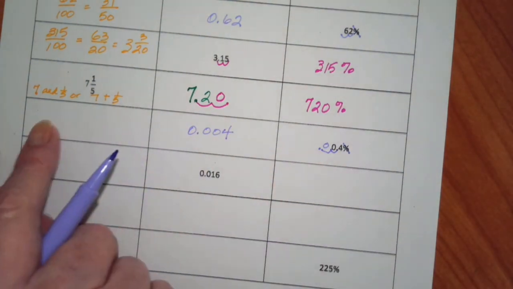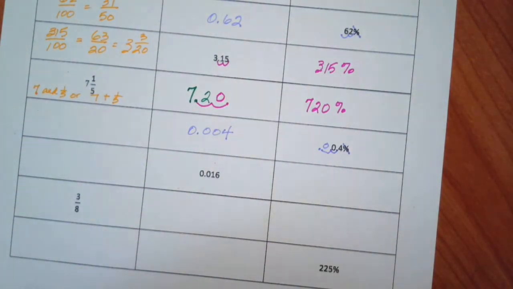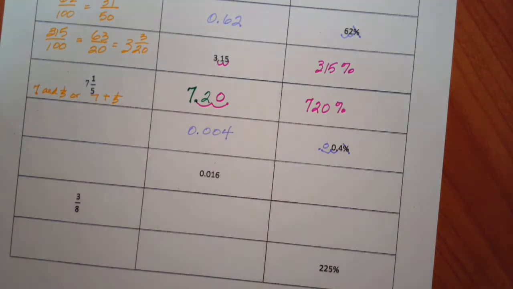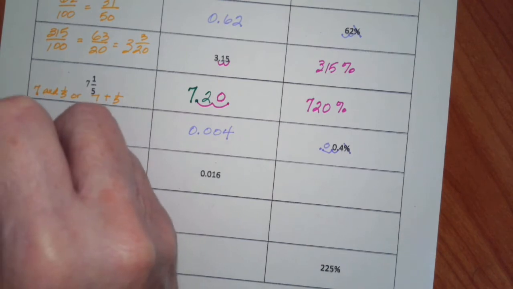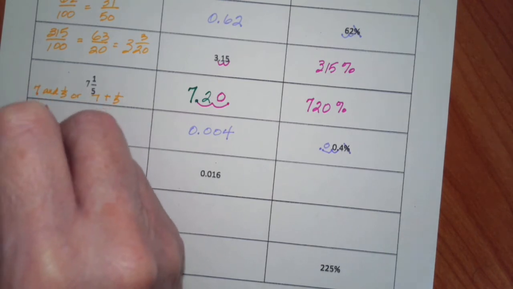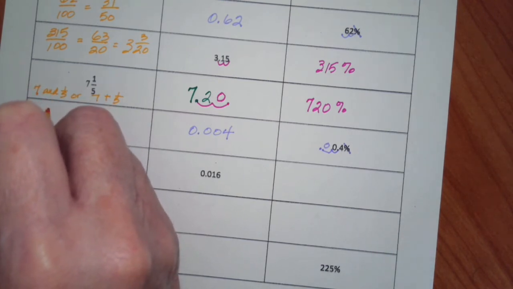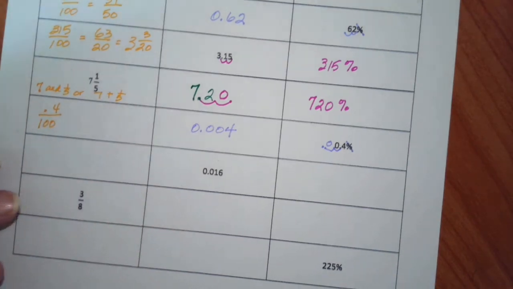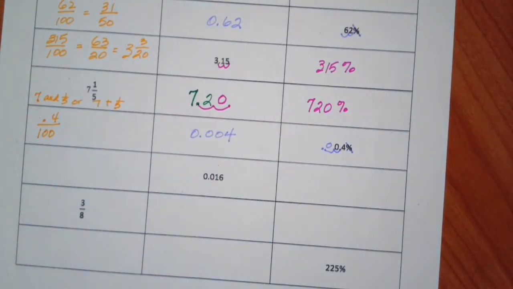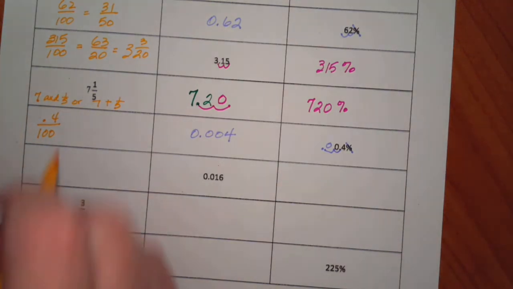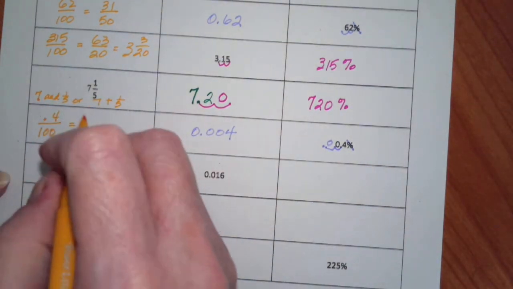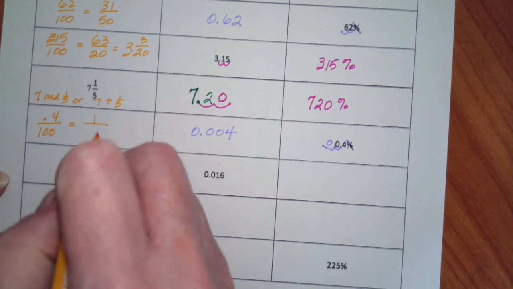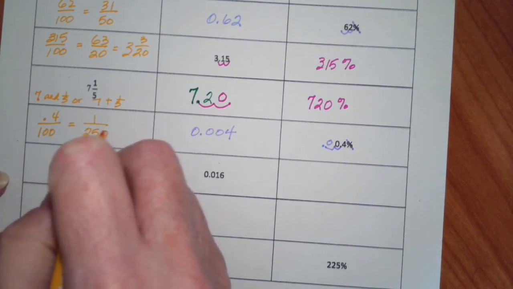Okay, if I want to turn it into a fraction, then I can write this as 0.4 divided by 100. And again, if I want to reduce that fraction in my calculator, it reduces to 1 over 250.